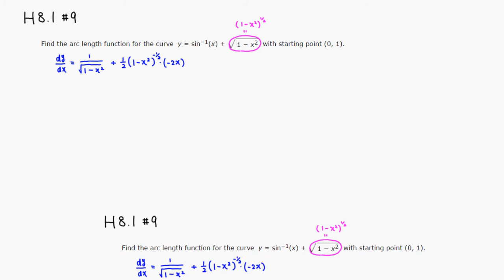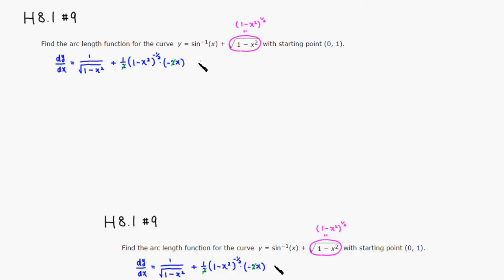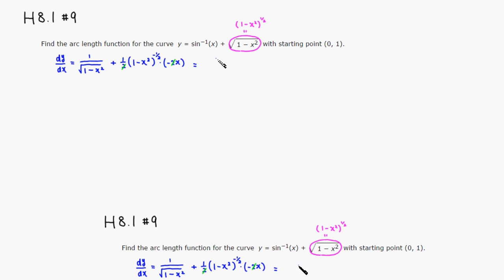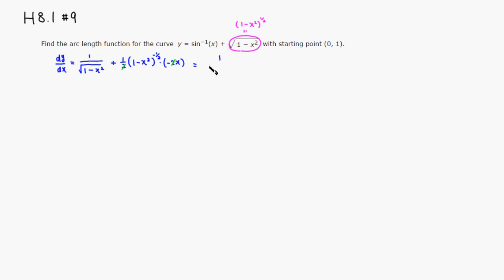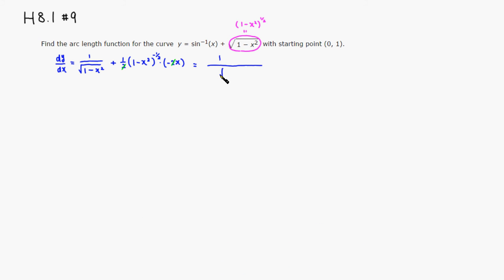Alright, so we can cancel the 2 on top and the 2 on the bottom. Then we need to simplify this. We have a 1 over square root of 1 minus x squared, and we do have the same denominator here.